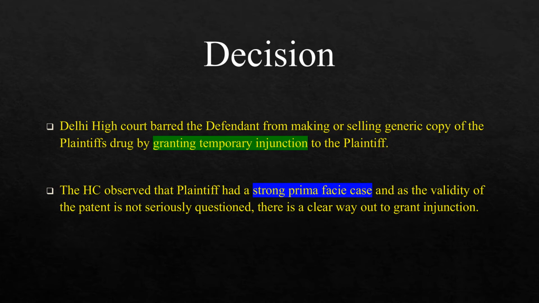The High Court observed that the plaintiff had a strong prima facie case, and as the validity of the patent is not seriously questioned, there is a clear way out to grant an injunction. So the court decided to give a clear-cut injunction.